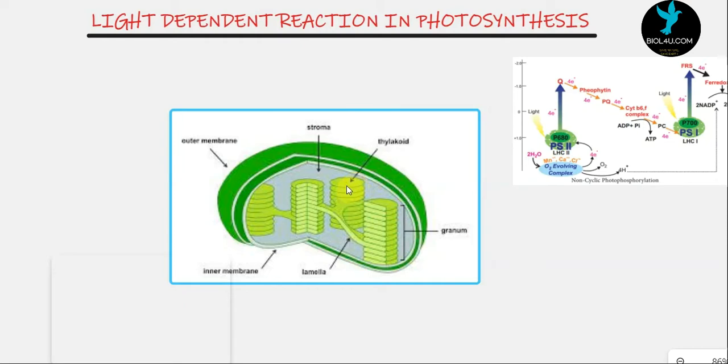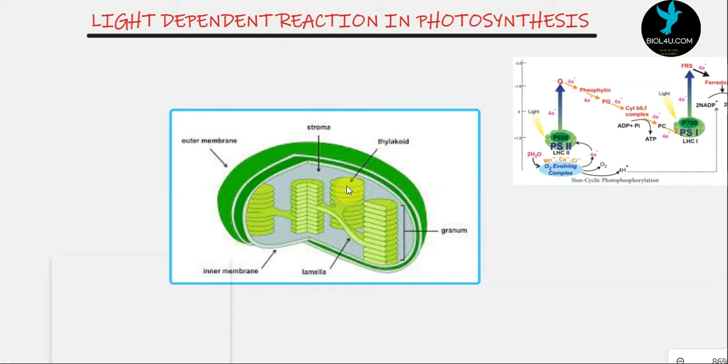The formation of this ATP is known as phosphorylation, and along with the phosphorylation there is also photolysis of water, that is a type of breaking of water with the help of light, known as the photolysis of water. During photolysis oxygen is evolved, and this oxygen comes outside, and that oxygen helps to purify the air.